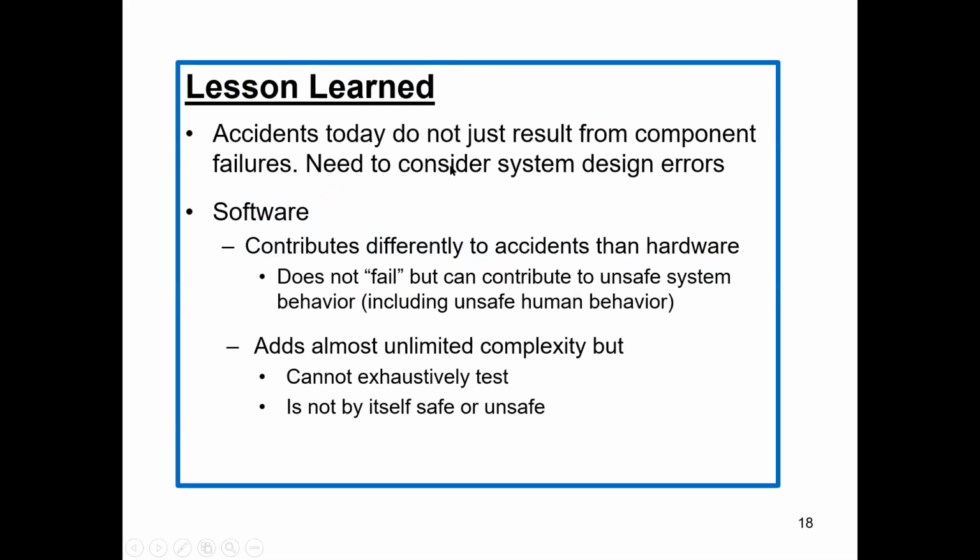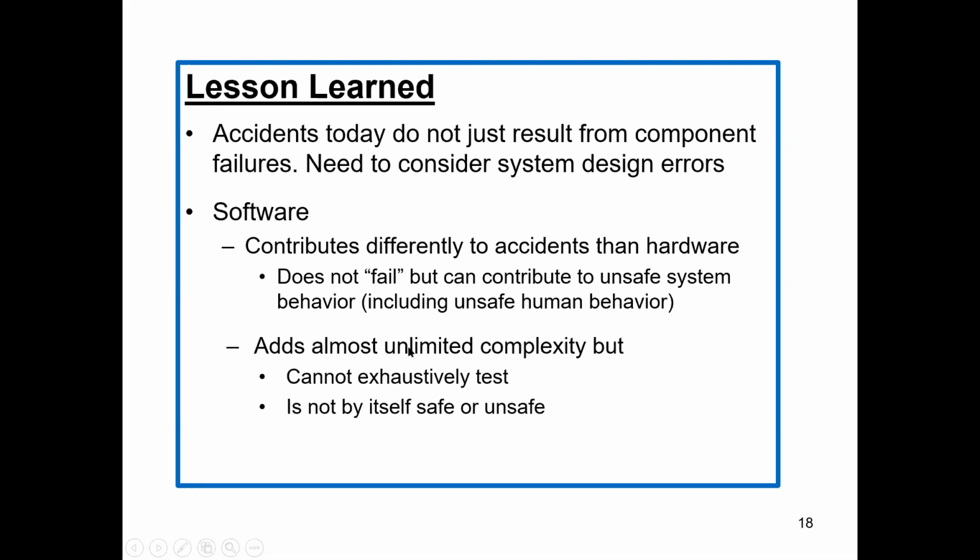The lesson we need to learn here is that accidents today don't just result from component failures. We need to consider system design errors, and software contributes differently to accidents than hardware. It doesn't fail, but it can contribute to unsafe behavior, including unsafe human behavior, and we'll talk about that next.